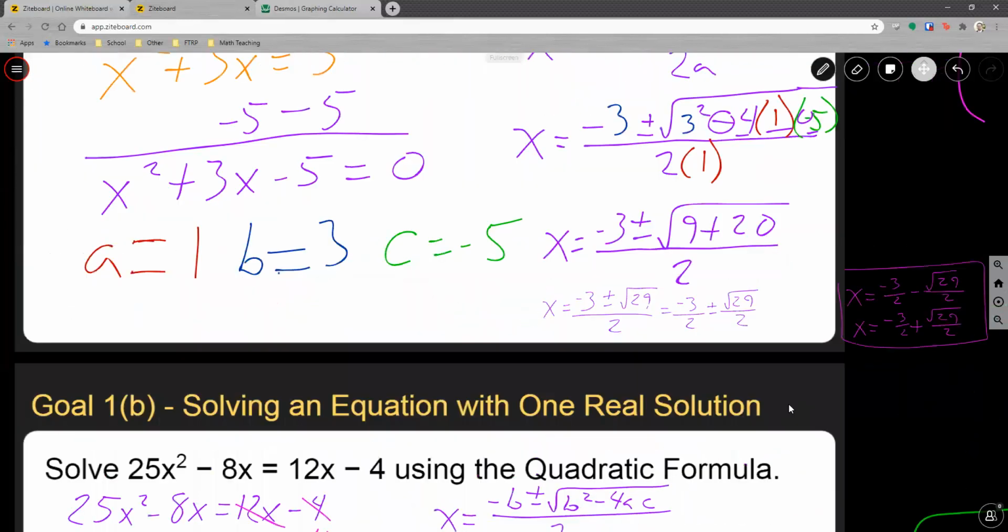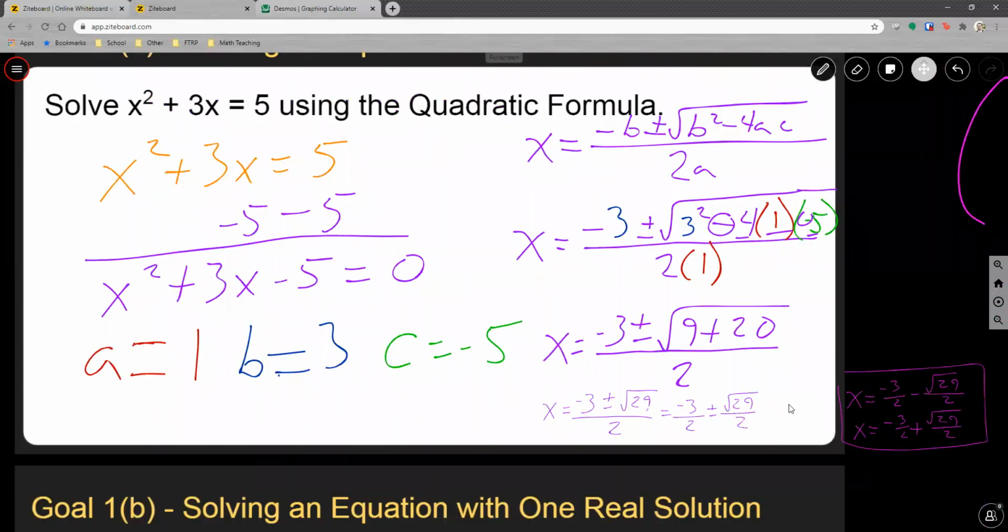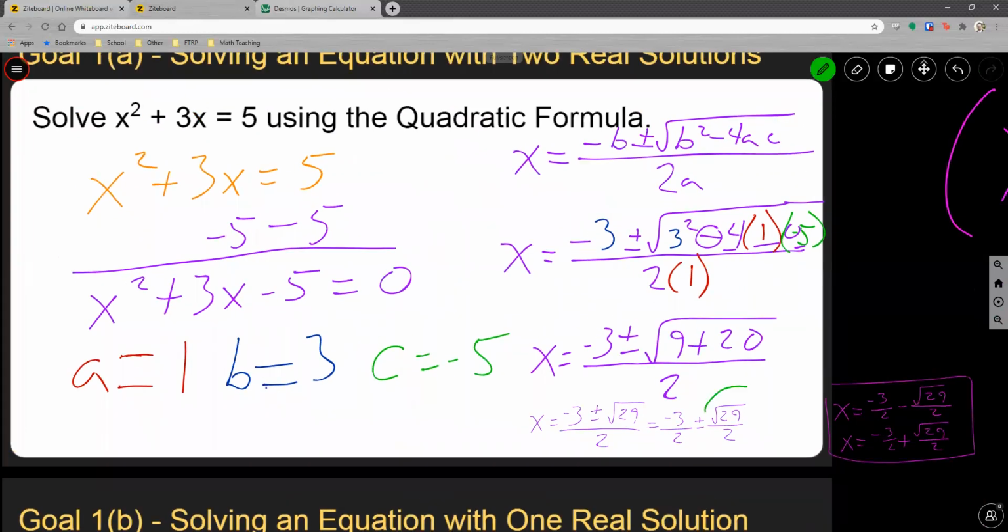If you go to the 3 examples that we did, in the first example, we had the square root of 29, 9 plus 20. That was a positive number, so it gave us 2 real roots, 2 real solutions, which we had over here.